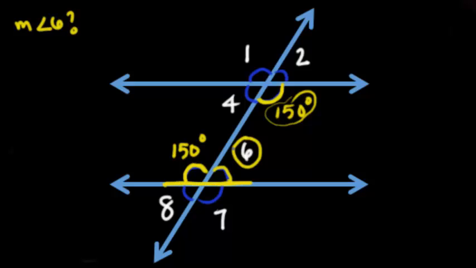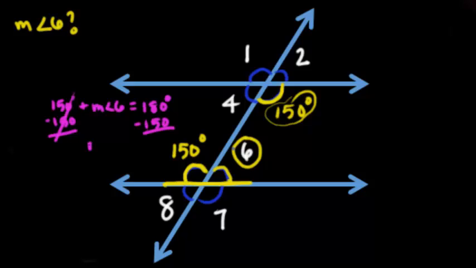So what we can say is that 150 degrees plus the measure of angle 6 is equal to 180 degrees. If I subtract 150 from both sides, then on the left, my 150s are going to cancel, and I'm left with the measure of angle 6 equals 30 degrees. And so we know that this is going to be 30 degrees right here.